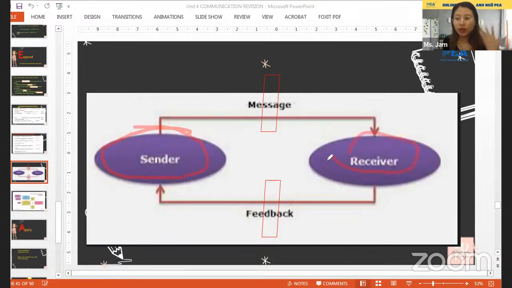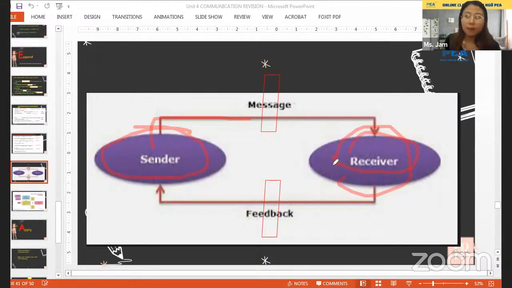So of course, there are two characters when you do communication, but what happens when there's miscommunication? Let's say that the sender sends a message here. Okay, so as you see, I put something like this one here. This is what we call the filter. It can affect many things in here, but it's up to the receiver to receive the message or what things he or she wants to filter.